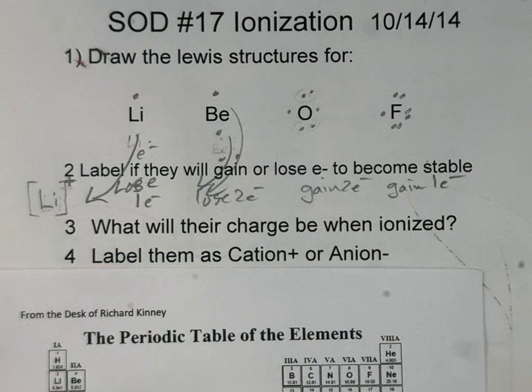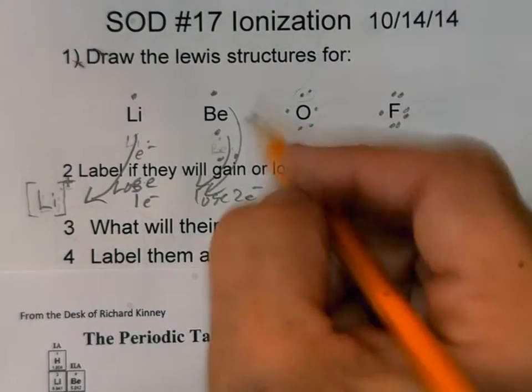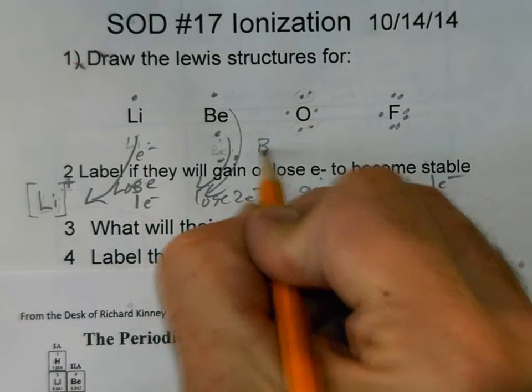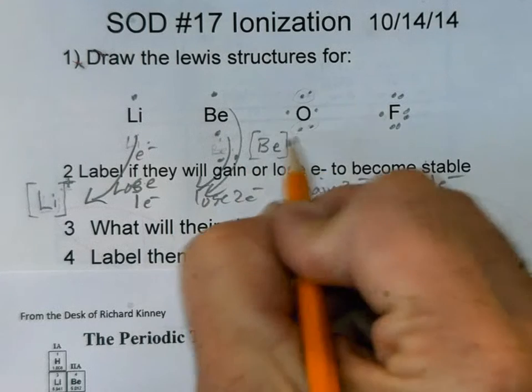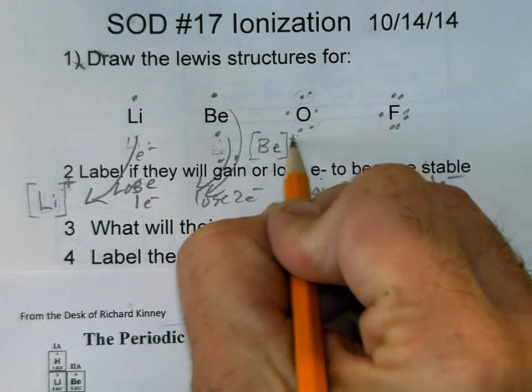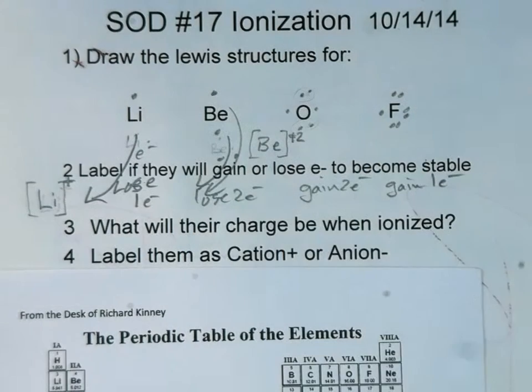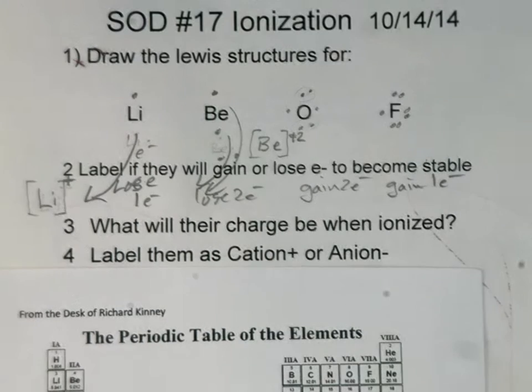Positive what? 2, because it's going to have lost 2 electrons. So again, we'll write the beryllium symbol. Let's put a square bracket around it, and we're going to put +2 over there, because that's just letting us know that is now the new Lewis structure for beryllium ion. You got the symbol, and that just lets us know at Buchanan High School that we've ionized it.